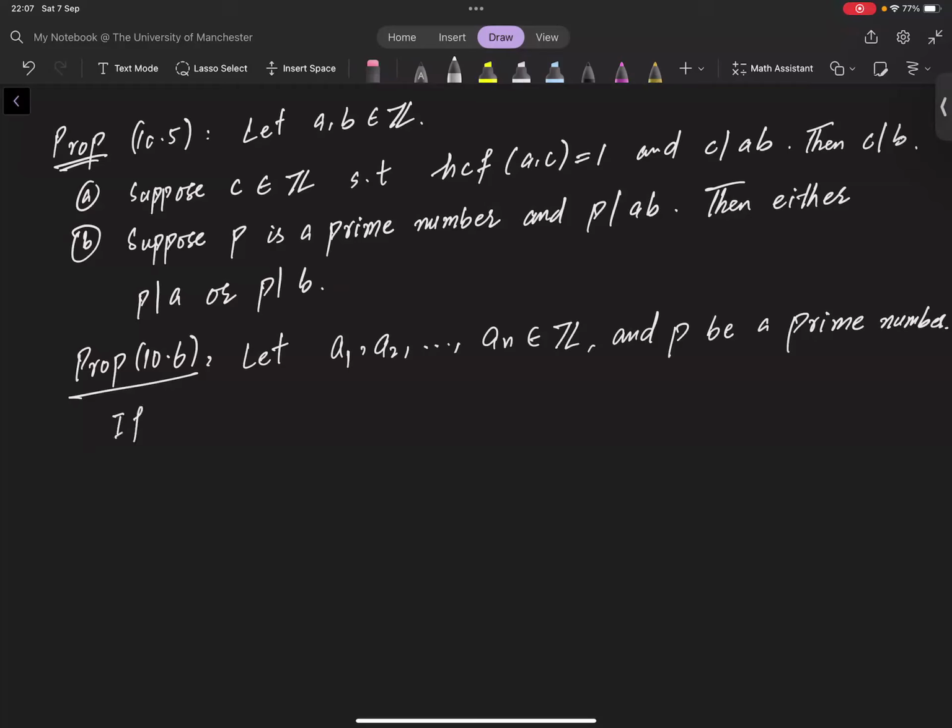Then if P divides the product of all these n integers, then P divides some of the AI's, some of the numbers of those n integers, for some I. And this can be proven.